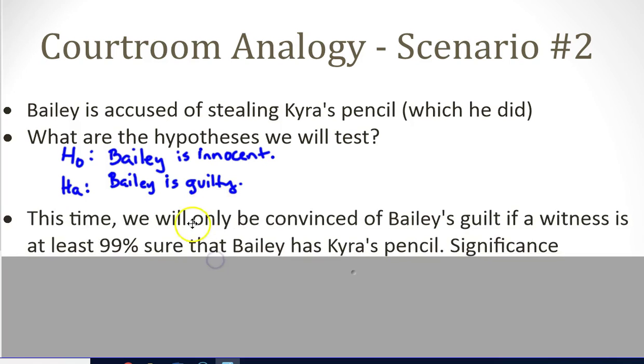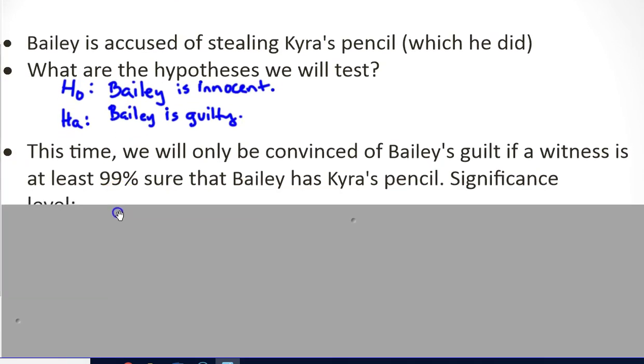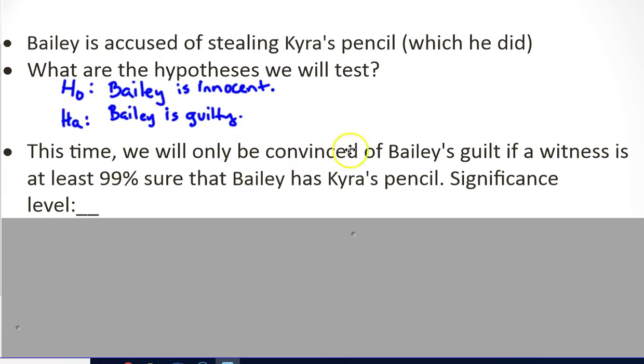Okay. This time we're changing the significance level. This time we're only, as our jury, going to be convinced of Bailey's guilt if a witness is at least 99% sure. In other words, we're only leaving a 1% chance of error there. So what's our significance level? Be 1%.